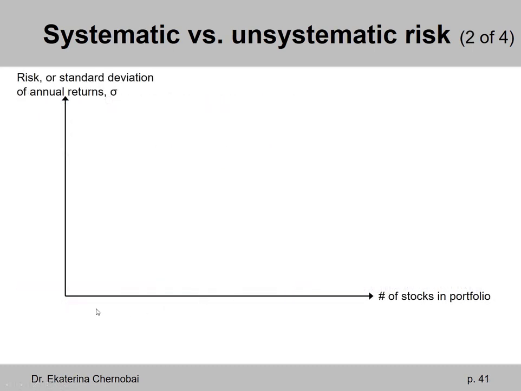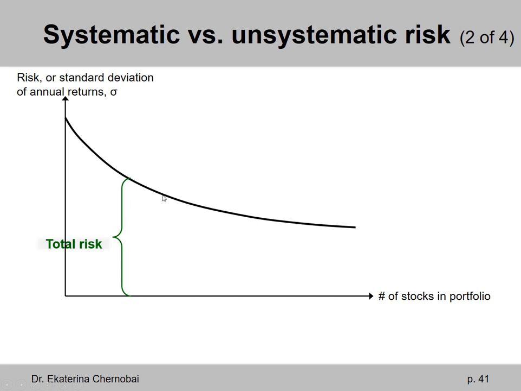And so you can imagine this graph: on the horizontal axis, if you move to the right, we are increasing the number of stocks in our portfolio. On the vertical axis, if we go up, we are increasing the amount of risk, or the standard deviation of annual returns. So as we increase the number of stocks in our portfolio, we are going to be able to lower more and more the overall portfolio risk.